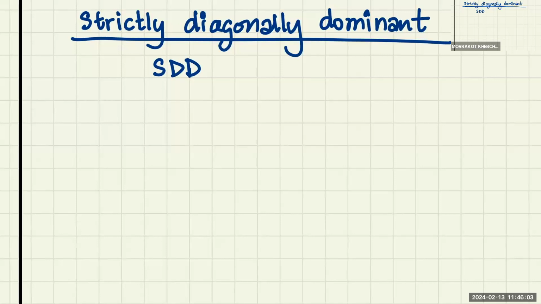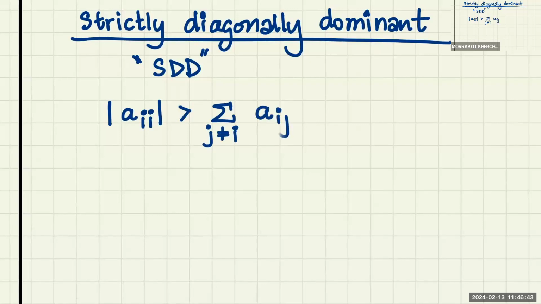So if the matrix is SDD, what does it mean? It means that the magnitude of the element along the diagonal, I call it Aii, is greater than. This means the word strictly gives me greater than, no equal sign. Strictly diagonally dominant means greater than the sum of Aij for j not equal to i.